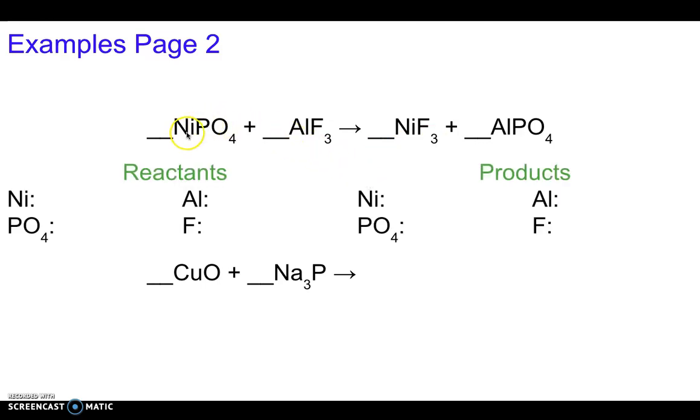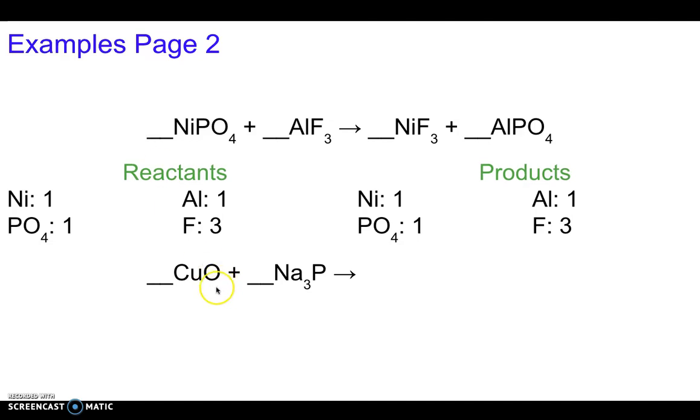On the left side, I count 1 nickel, 1 phosphate, 1 aluminum, and 3 fluorine. So 1, 1, 1, 3. On the right side, I count 1 nickel, 1 phosphate, 1 aluminum, and 3 fluorine. So hey, this one's already balanced out. We don't need to add any coefficients. So you can just leave all those blanks blank.